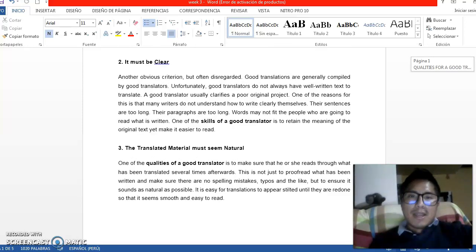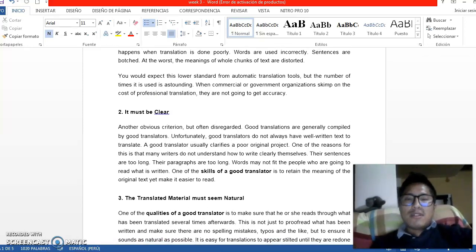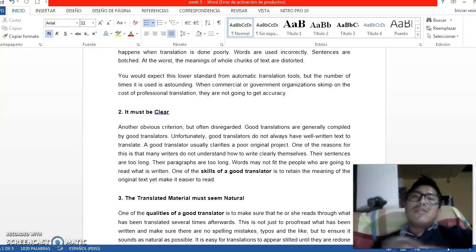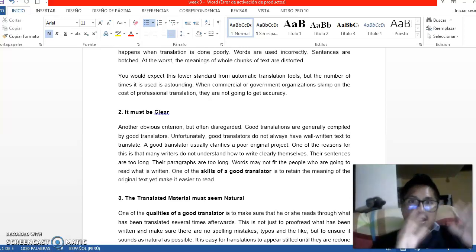So it must be clear. Yes, what is the message of this point? Easy to understand. All right, easy to understand. When you are translating, don't think about you. Think about the other people who are going to read your translation. Okay, if you translate a text from English to Spanish, let's think about this maybe for teachers in general.